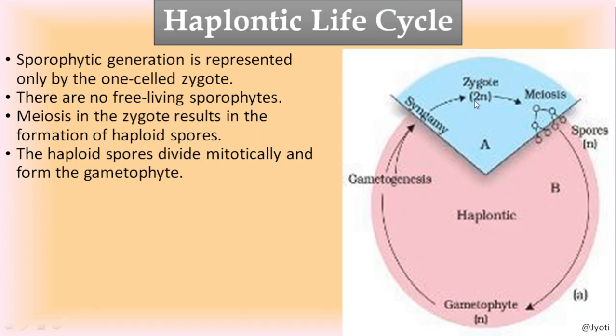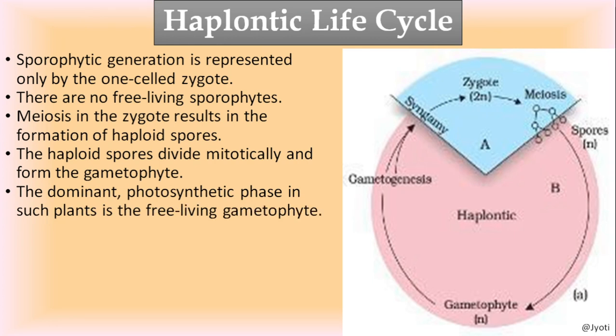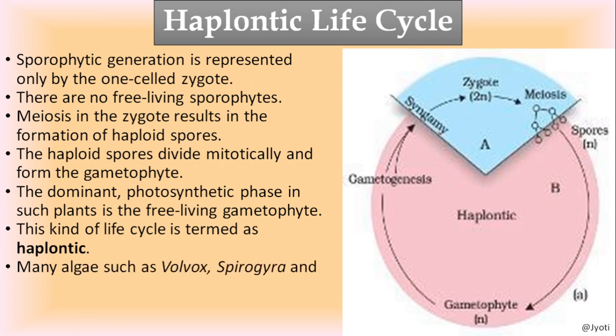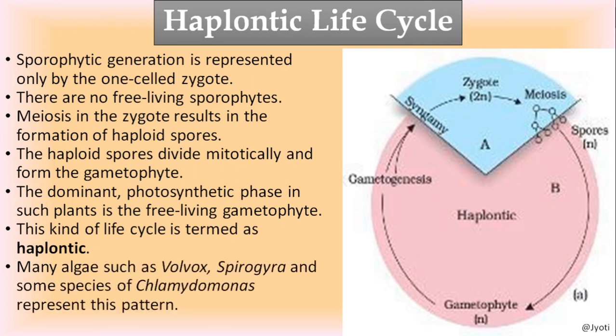When the sporophyte undergoes meiosis, it produces spores, and then the spore gives rise to the gametophyte. Now this gametophyte is dominant, photosynthetic, and free living, and this kind of life cycle is called haplontic, which is seen in algae like Volvox, Spirogyra, and some species of Chlamydomonas.